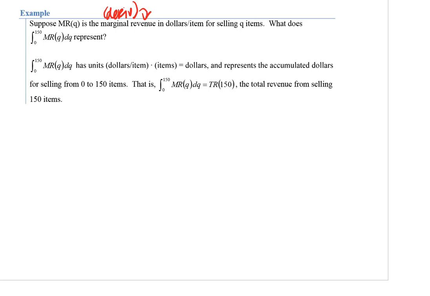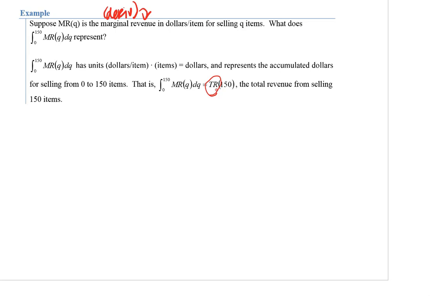Well, this represents units of dollars per item times items, so it means dollars, and represents the accumulated dollars for selling from 0 to 150 items. That is, the integral is equal to the total revenue from selling those 150 items.